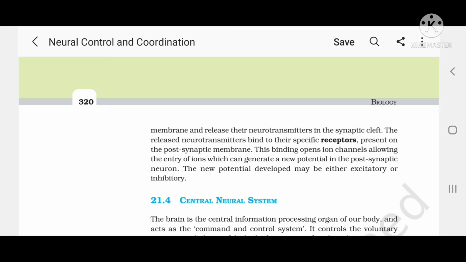21.4 Central Neural System. The brain is the central information processing organ of our body and acts as the command and control system.